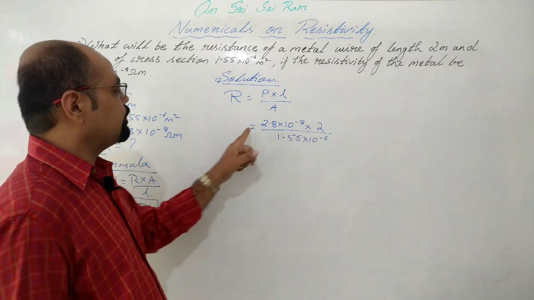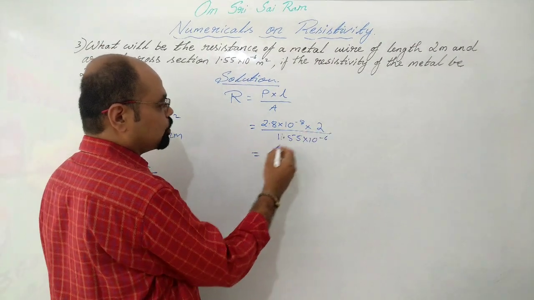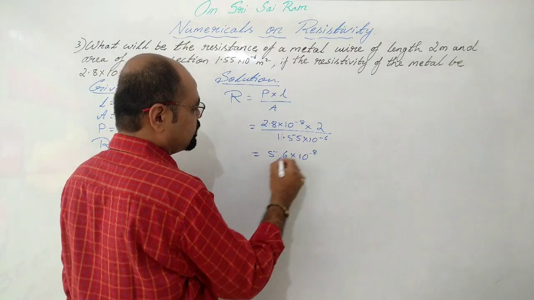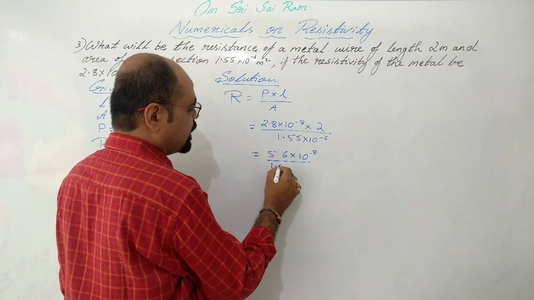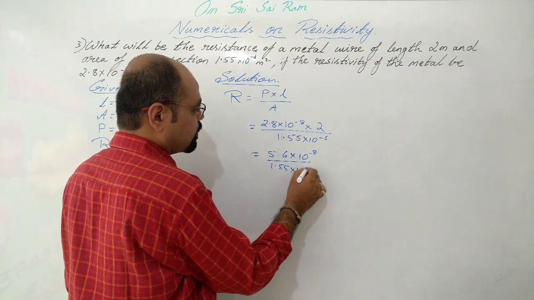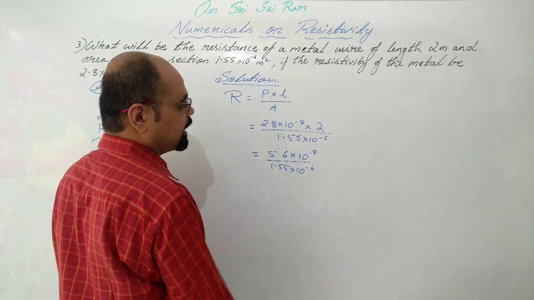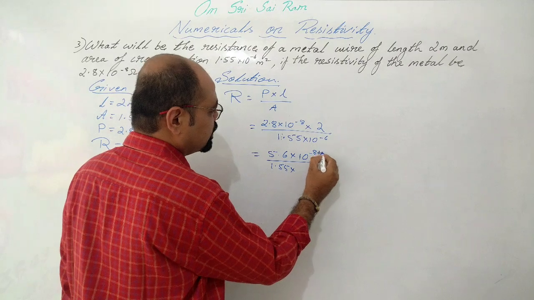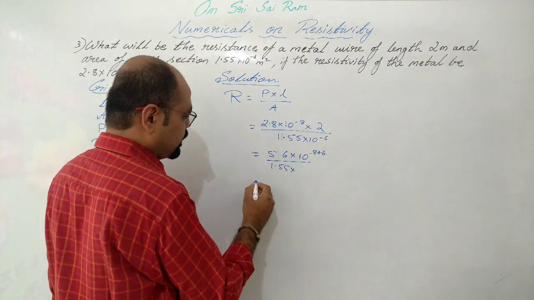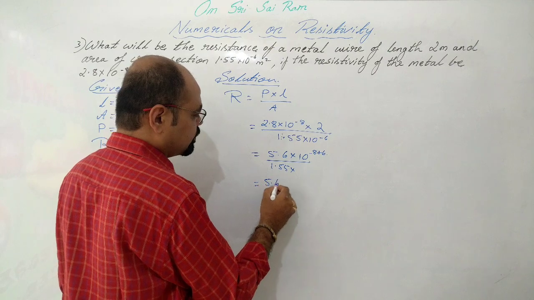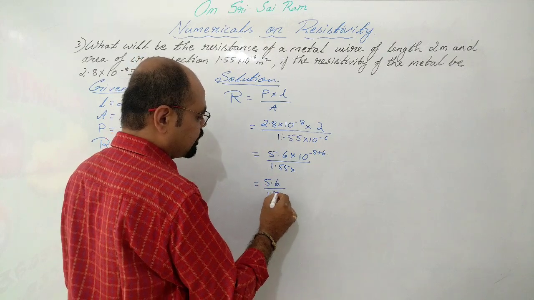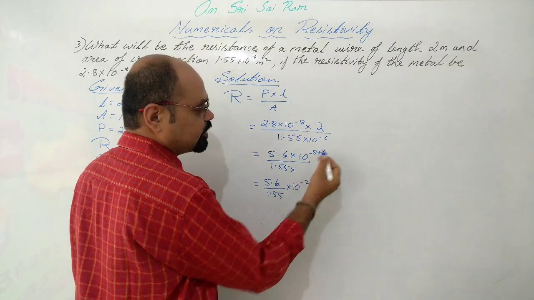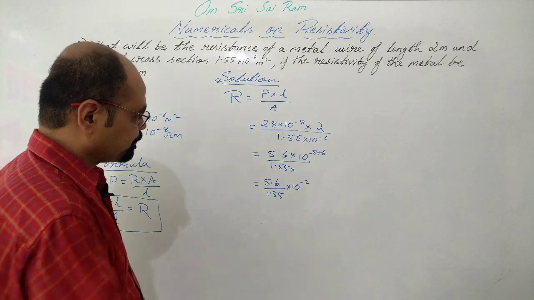So now let's multiply first. 2.8 into 2, we get 5.6 into 10 to the power of minus 8 divided by 1.55 into 10 to the power of minus 6. Shifting this minus 6 up here, it becomes plus 6. Okay, so we got 5.6 divided by 1.55 into 10 to the power of minus 2, because minus 8 plus 6 is minus 2.